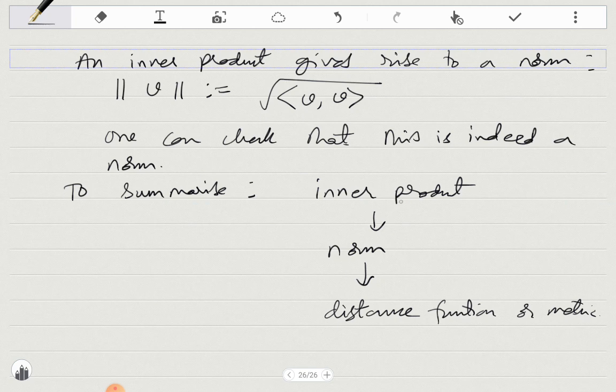Note that an inner product or a norm makes sense only on a vector space, while this last one, a metric, is a very general thing. The domain can be any set.